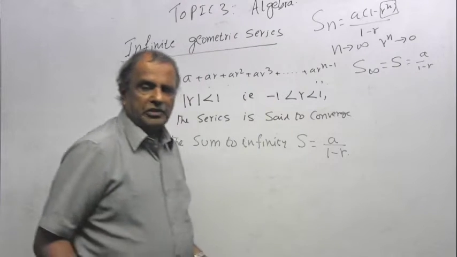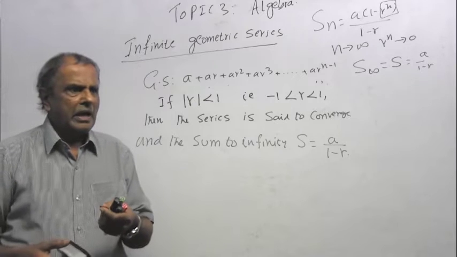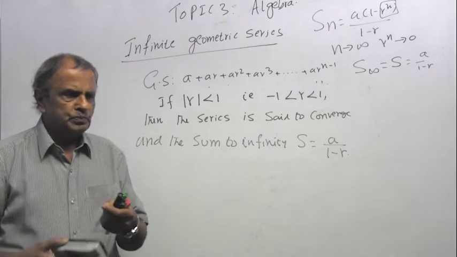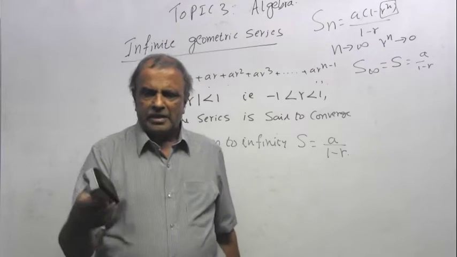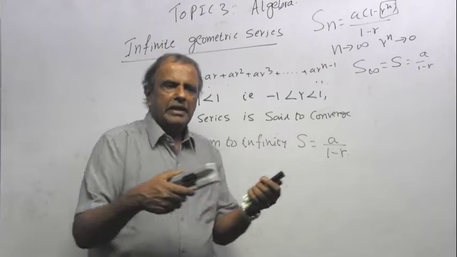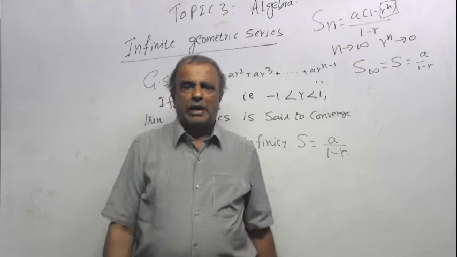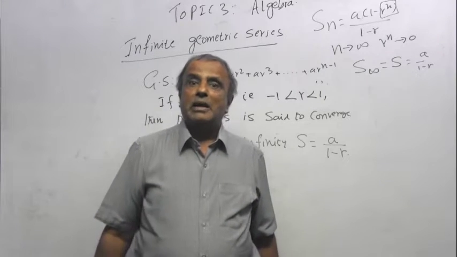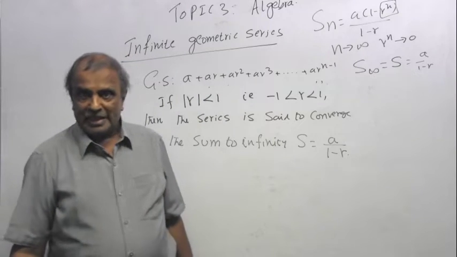So sometimes the question says, you will be given some values, you will be asked to find some values of r and find the sum to infinity where it exists. That means if you get r as 2/3 and -2, you must take the value 2/3 because 2/3 is less than 1. You understand that?